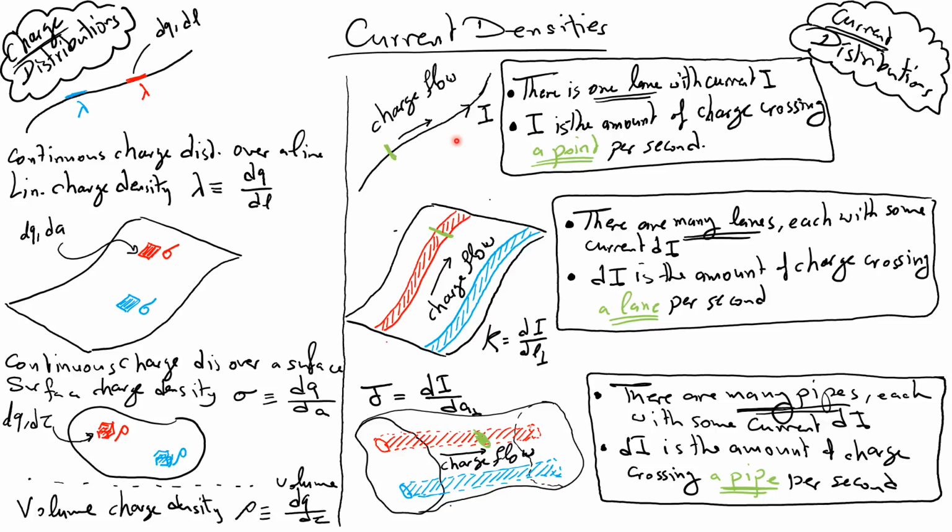You can make use of this analogy: it's always useful in this situation to treat this line as just a lane of particles, like a lane of cars in traffic. There are charges moving in this line, and there's only one lane with one current. The current here is the same at every point.